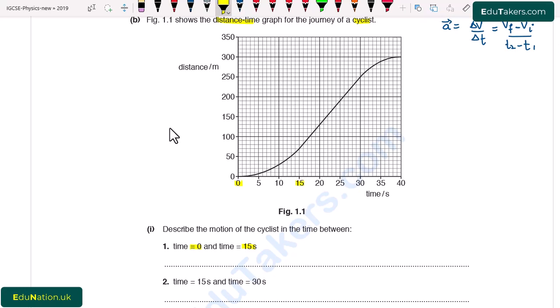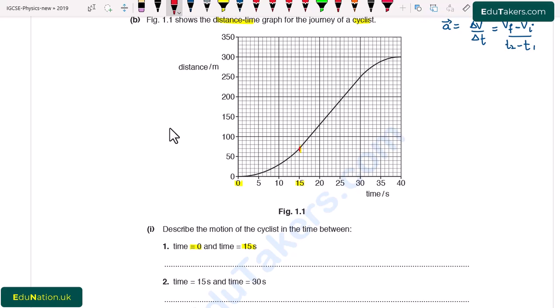So here we can see a curve, and this curve starts from rest and goes upward. It means that the cyclist is accelerating from 0 to 15, because here the cyclist is speeding up. Its speed goes on increasing with the increase in time.